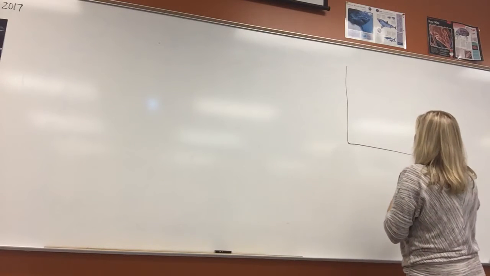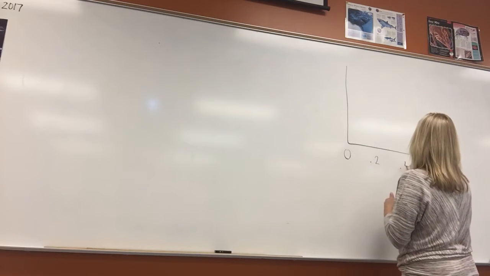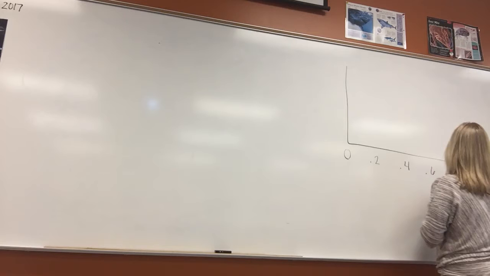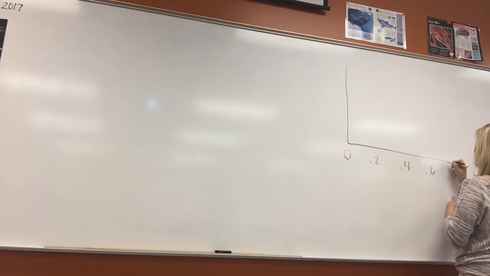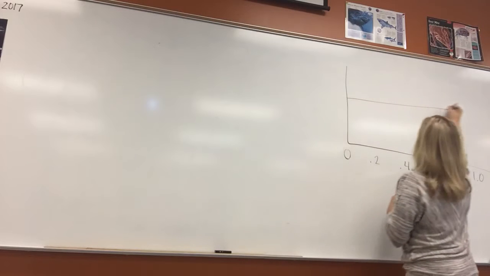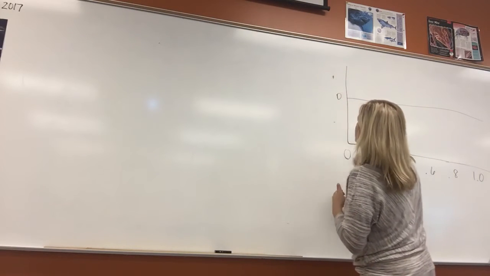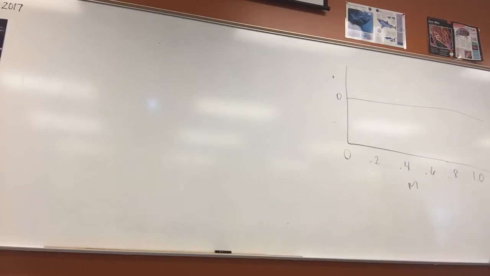So you have a graph set up something like this, where this is the molarity, and then you had 0 here. This is your percent change in mass. This is a positive, negative percent change. What we can do with this graph is figure out this question: what is the water potential of a potato?